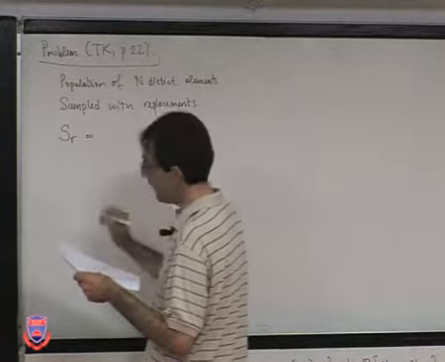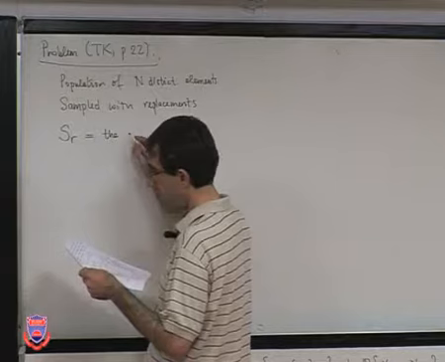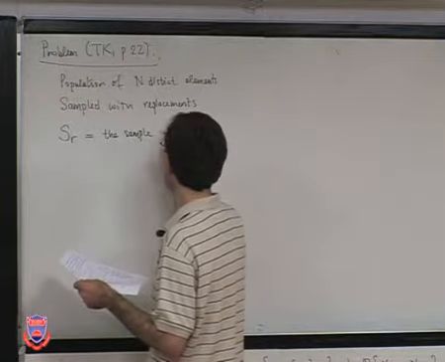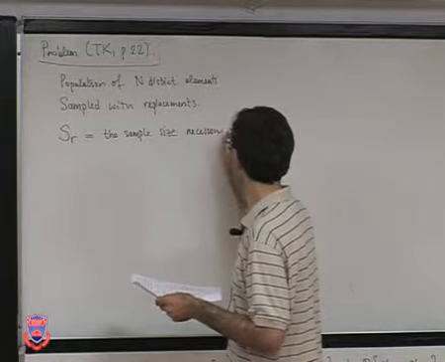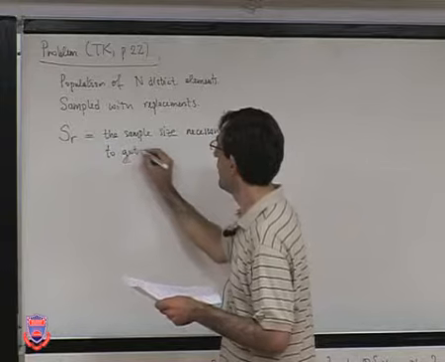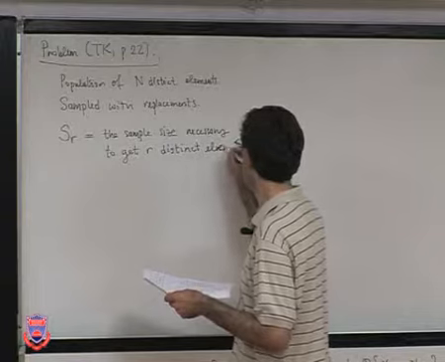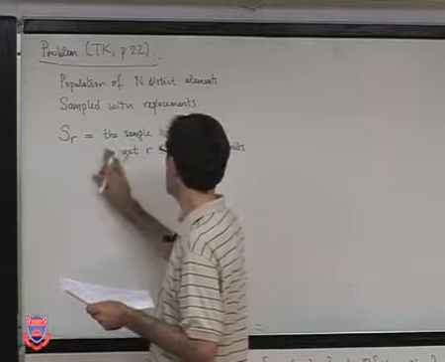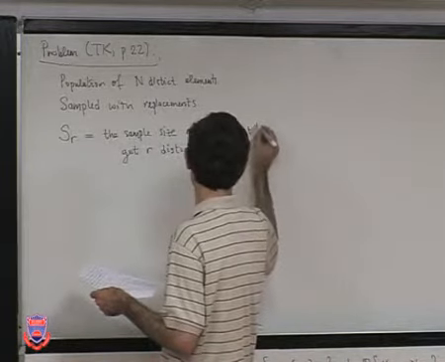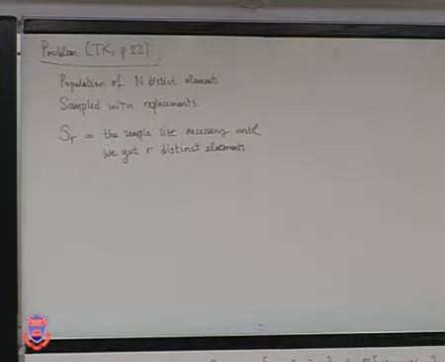this, which is a random variable now. This is the number of, let me just follow the statement here, the sample size necessary to get R distinct elements, or maybe I should say necessary until we get R distinct elements.